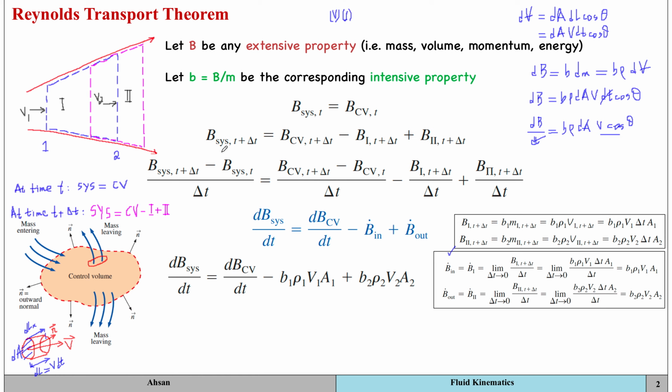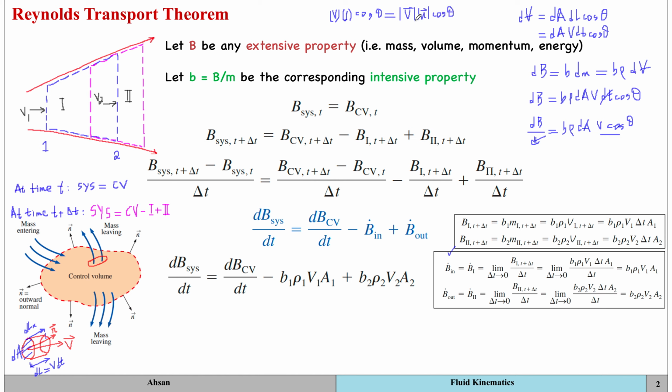From the definition of a unit vector, I could just write this 1 here as the magnitude of the unit vector. So then this is going to be equal to the magnitude of velocity multiplied by the magnitude of the unit vector n multiplied by cos of theta.